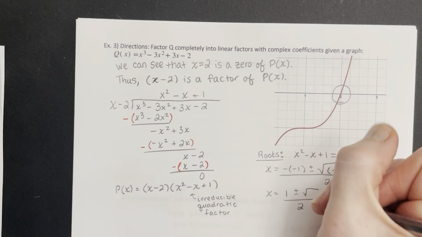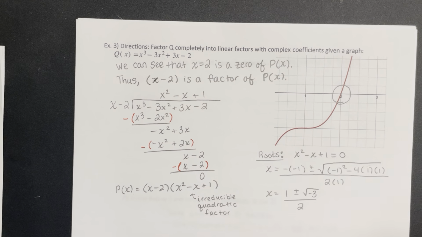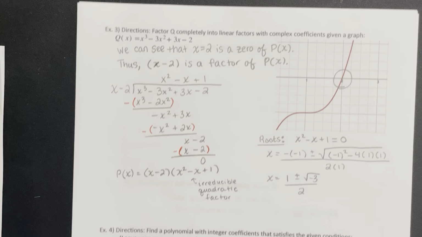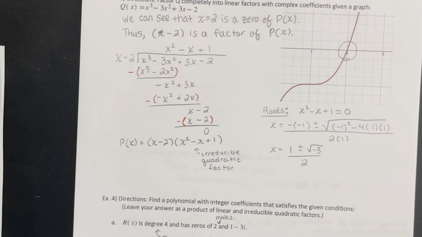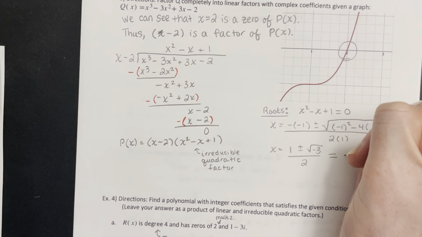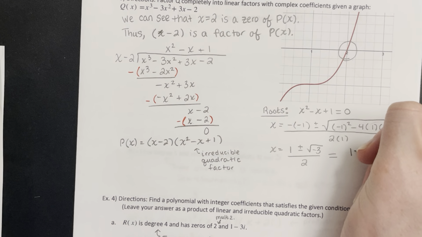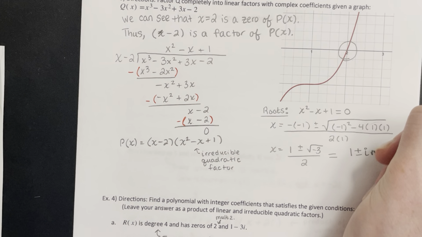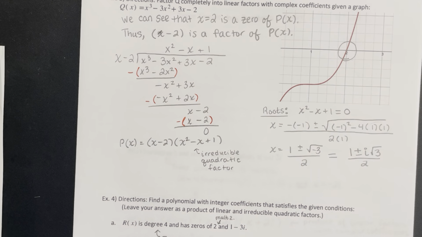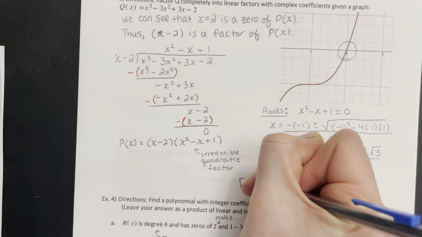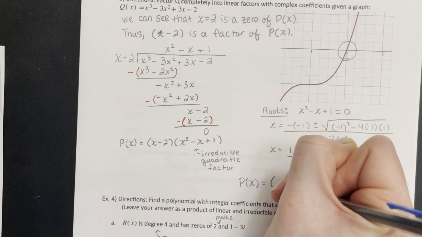We have a negative 3 inside of the square root in that quadratic formula. That negative 3 should signal that we have an imaginary root here at 1 plus or minus i square root of 3 over 2. So the factored form of p of x would look like x minus 2.